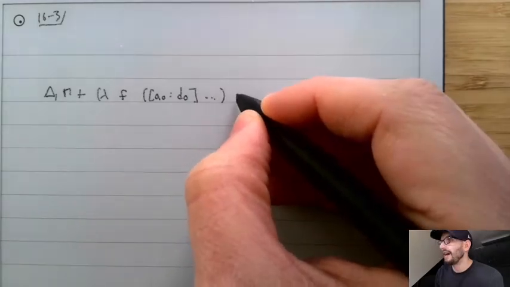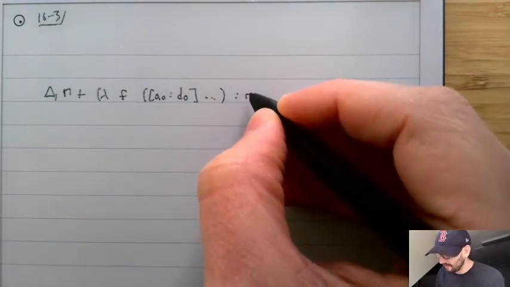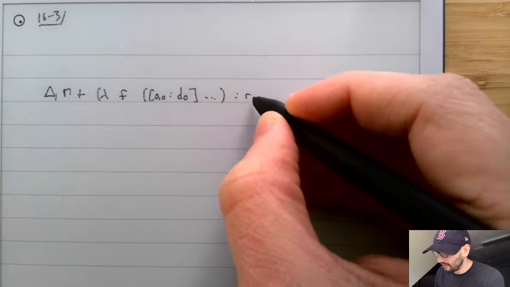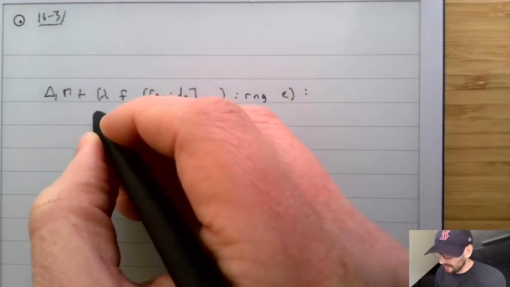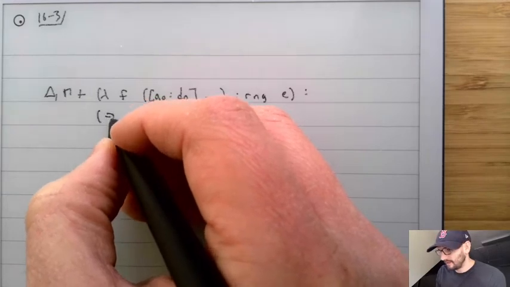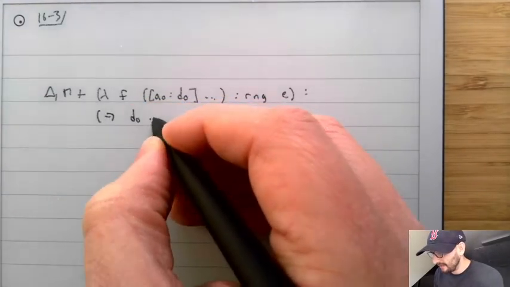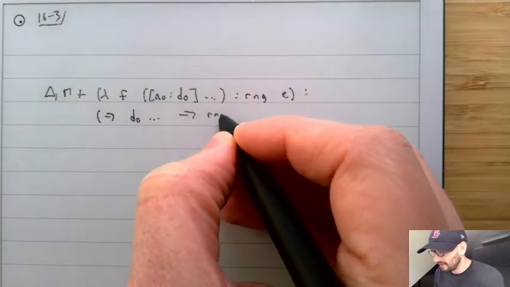Then we have the return type, which is the range, and then we have the body E. The result of this is a function that takes in the domain types and then returns the range.